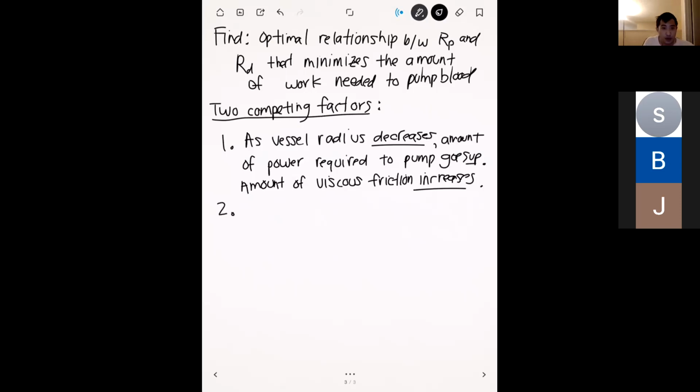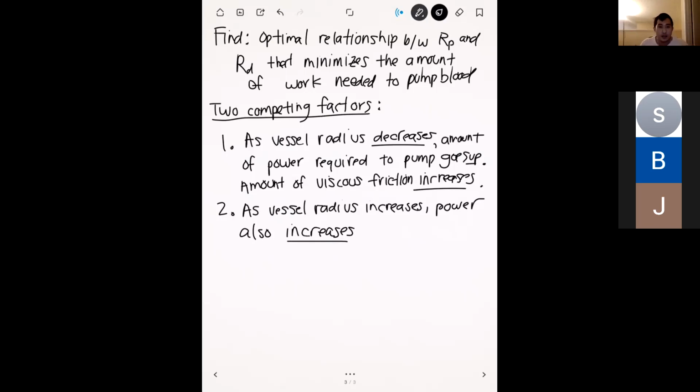All right. So that's the first factor. But as the vessel radius increases, that's also going to increase the amount of power, but for a different reason. If you increase the radius of your blood vessel, you're just increasing the amount of blood that's there, right?